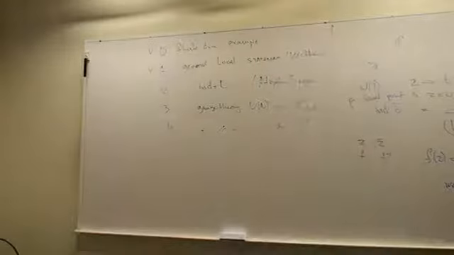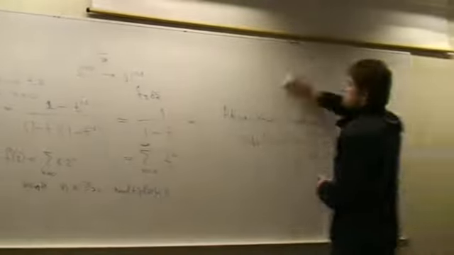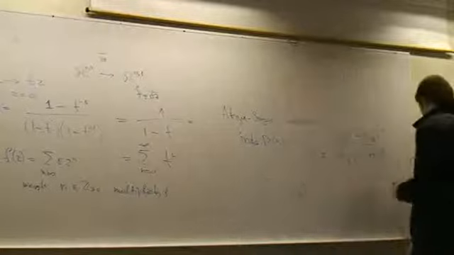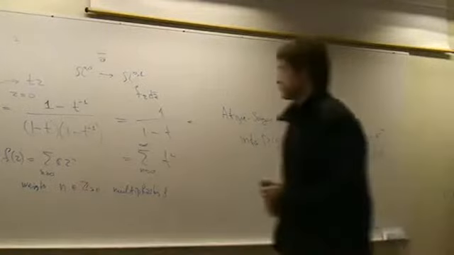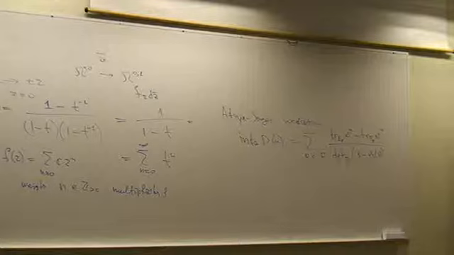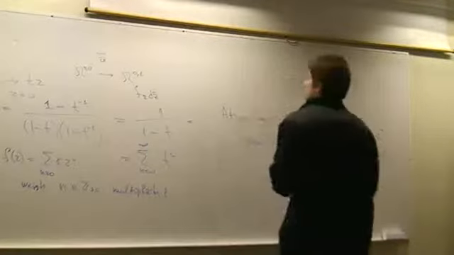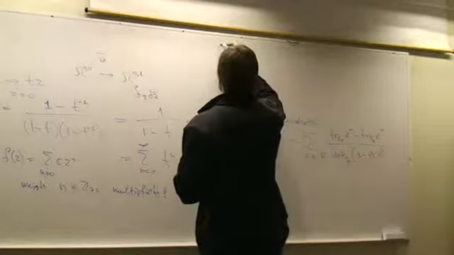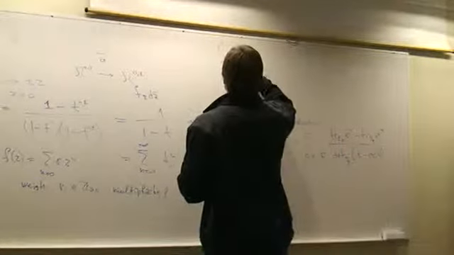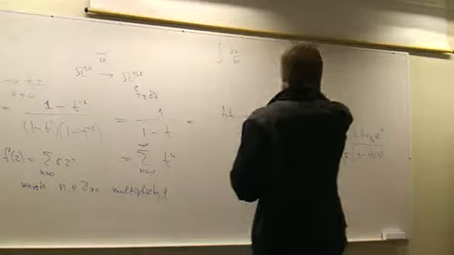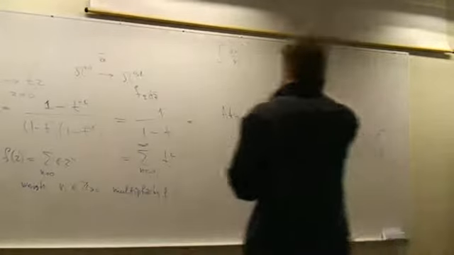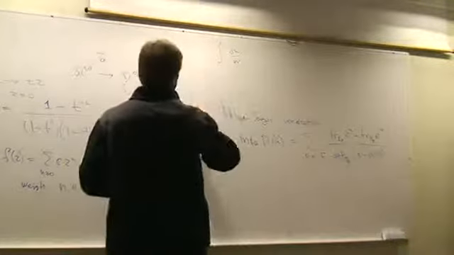Actually you'll do this in a second. Let's do it for the O(n) bundle over CP1. We want to see that there are n+1 sections. So I want to do that equivariantly.